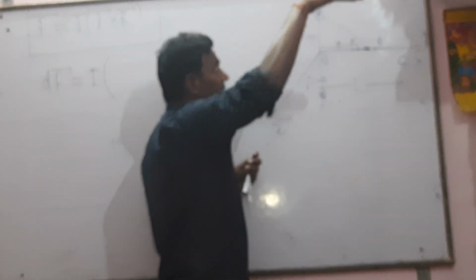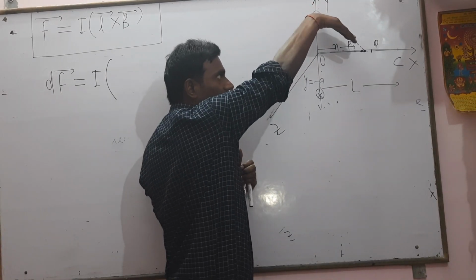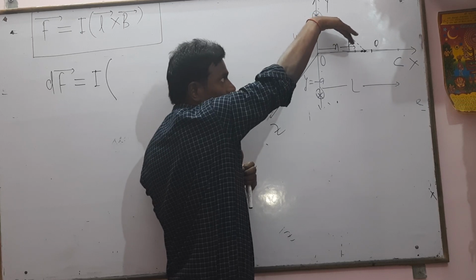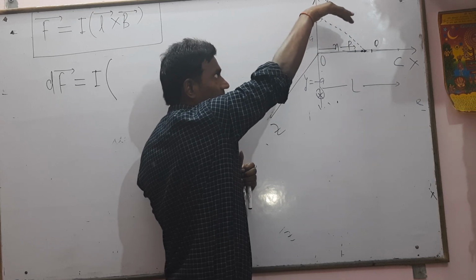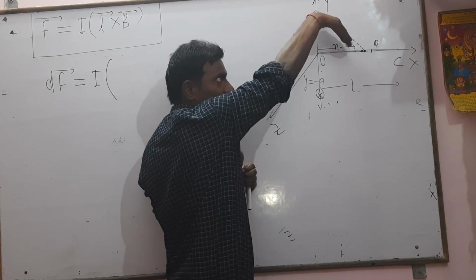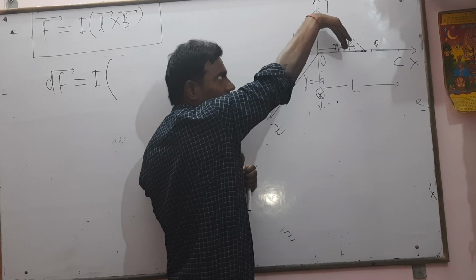The direction of current is vertically downward, so the direction of the magnetic field at this point will be perpendicular.